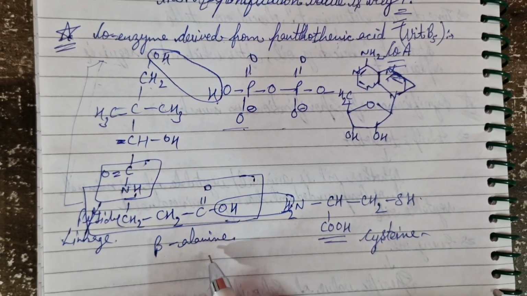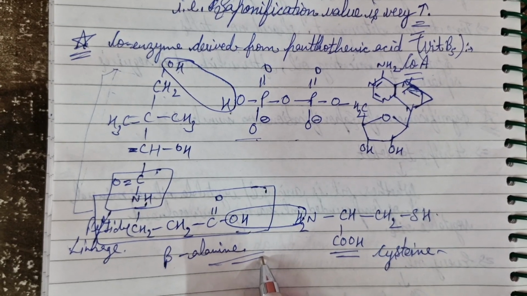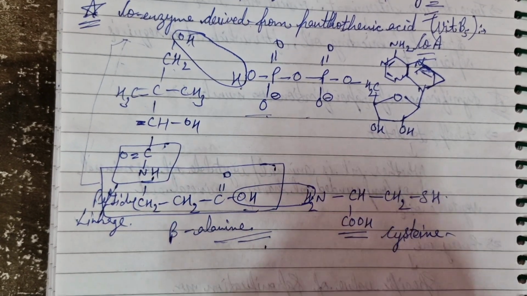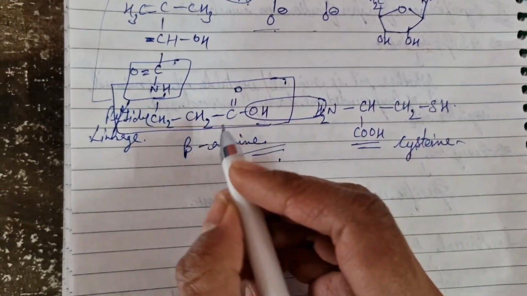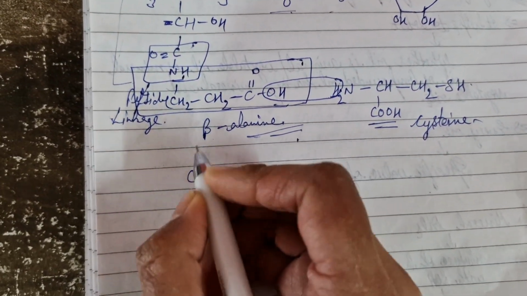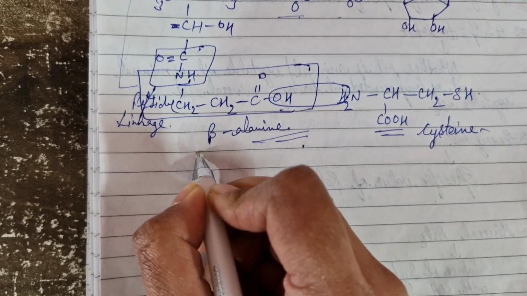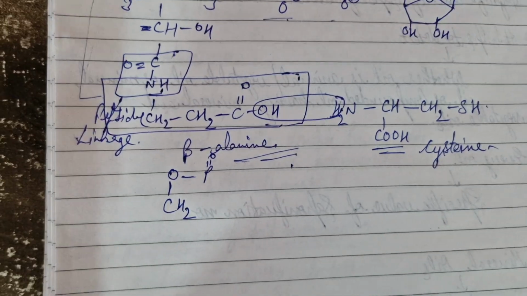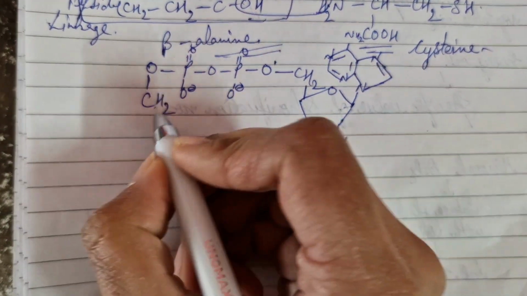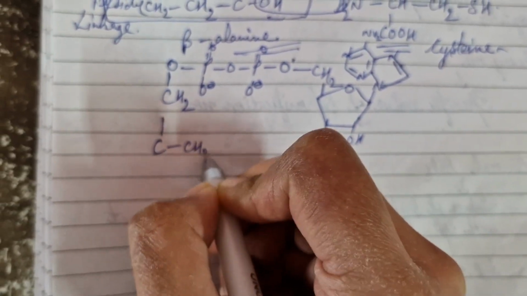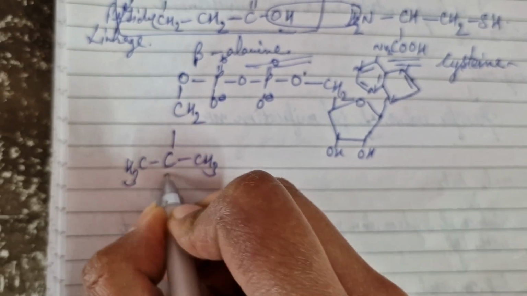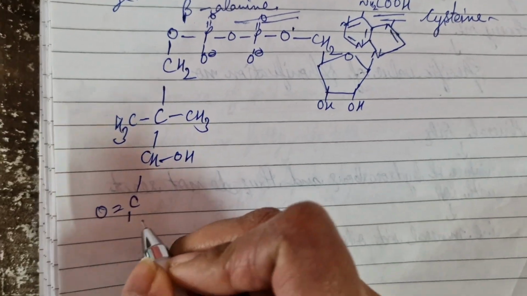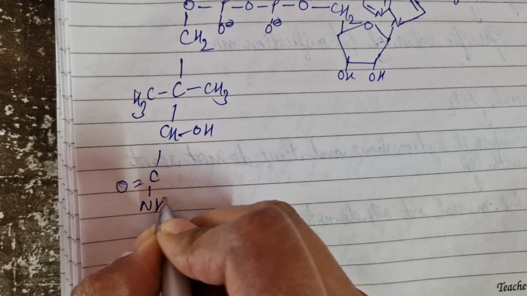And this finally leads to the formation of the structure of coenzyme A, which can be drawn as follows. Hence we get the structure of coenzyme A.